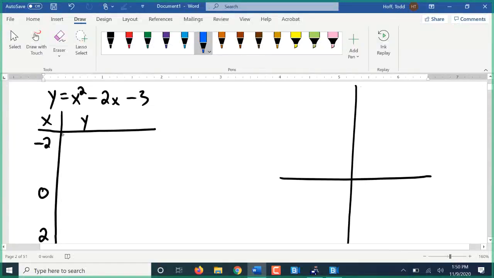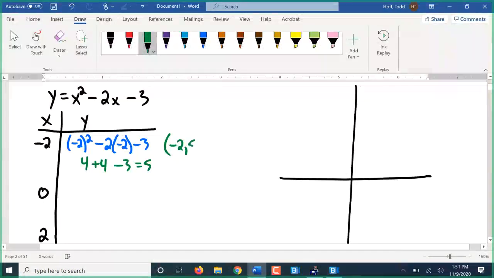Well, y is negative 2 squared minus 2 times negative 2 minus 3. Negative 2 squared is a positive 4. Negative 2 times negative 2 is a positive 4. Minus 3. Well, 4 plus 4 is 8, minus 3 is 5. This gives us the ordered pair that when x is negative 2, y is 5.